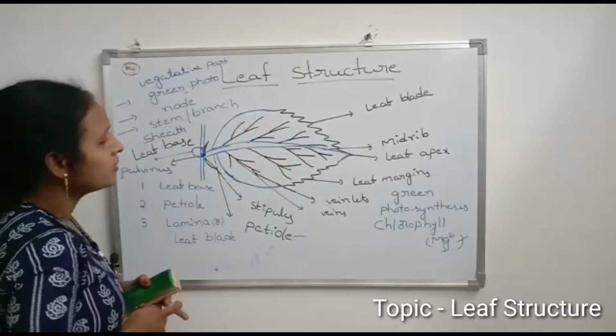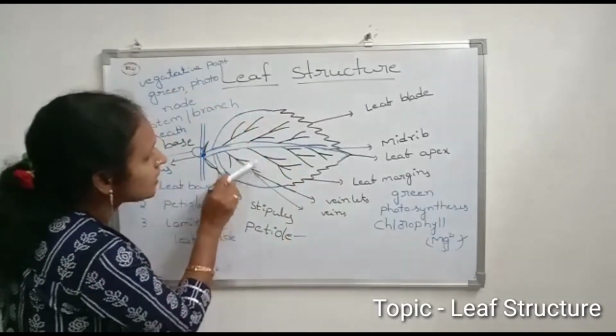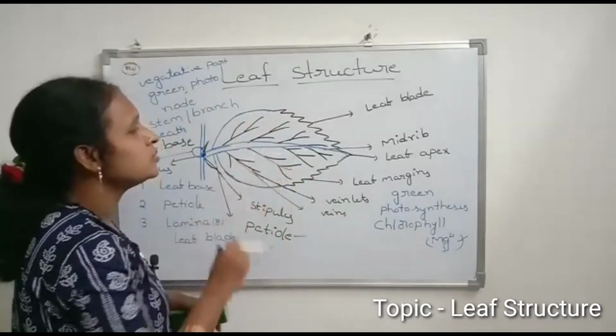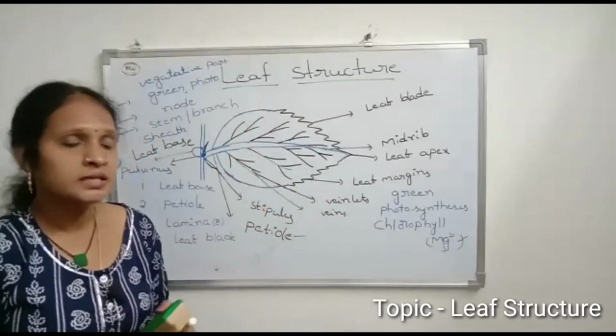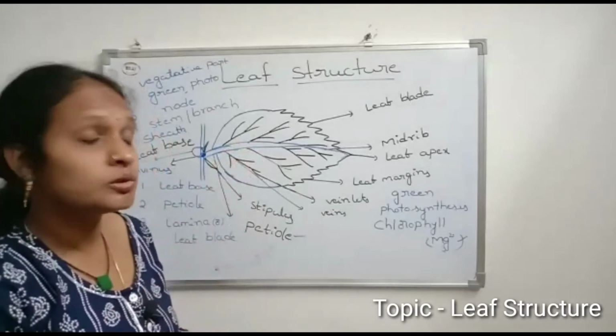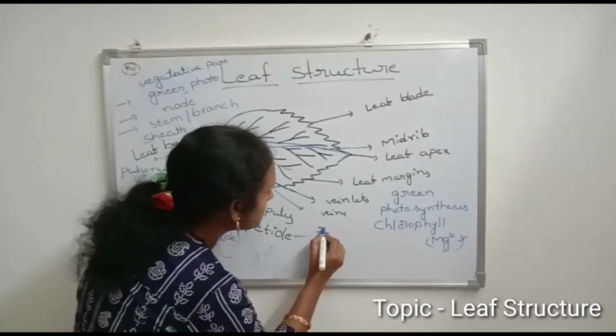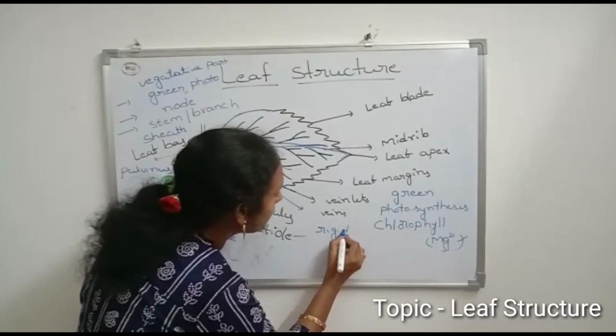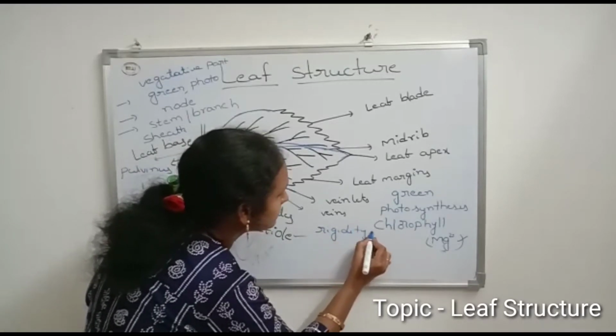photosynthesis. In the lamina there are veins and veinlets. What is the use of veins and veinlets? They provide rigidity and strength to the lamina.